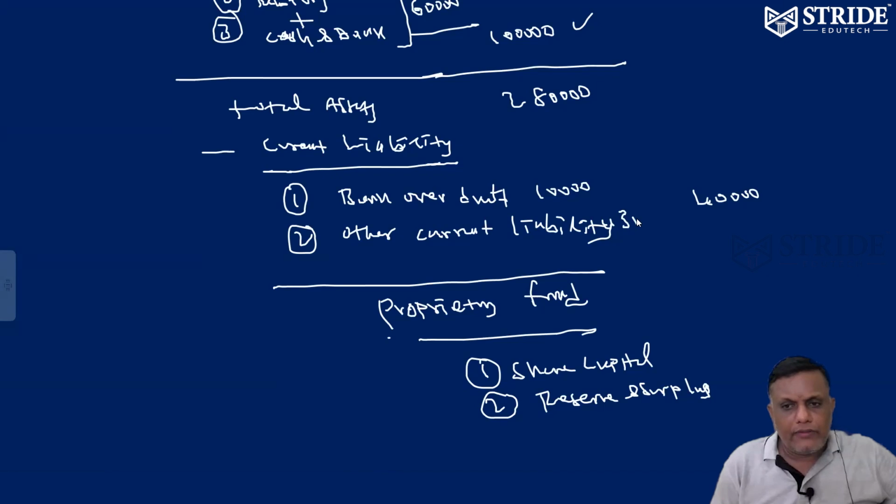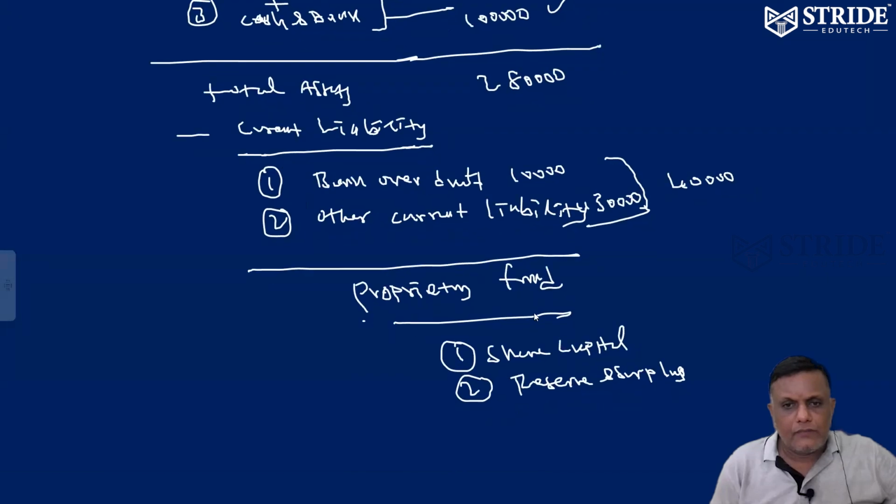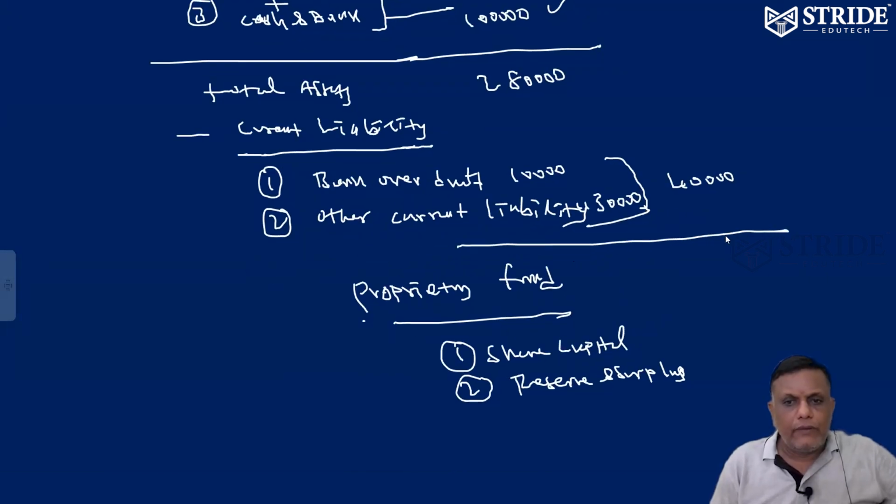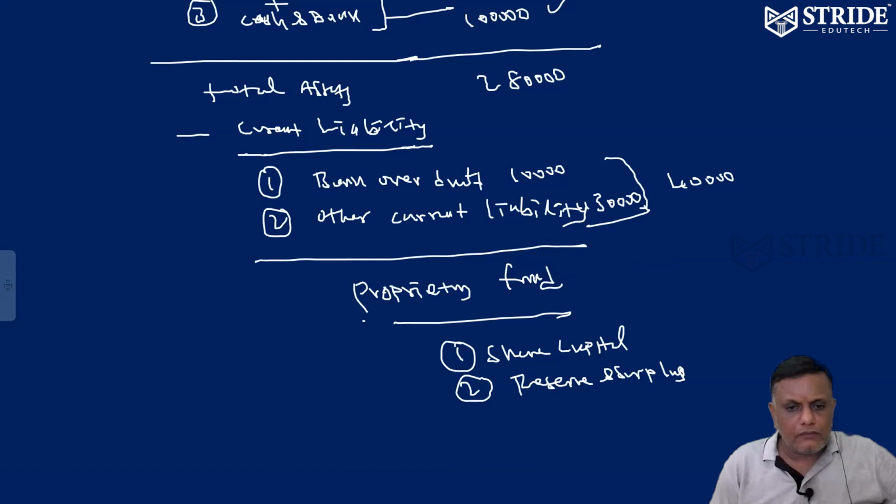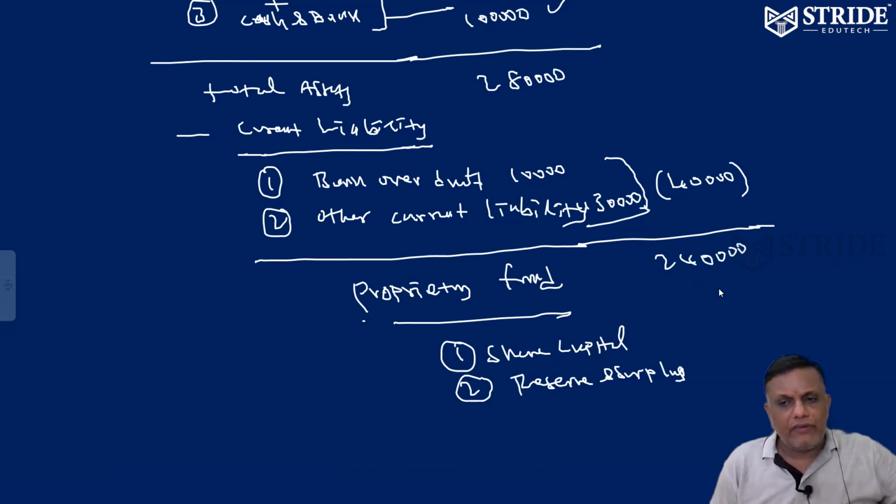Then other current liability 30,000. So that is 40,000. Sorry, 10 plus 30, 40. So 2 lakh 80 minus 40,000 is equivalent to 2 lakh 40,000.